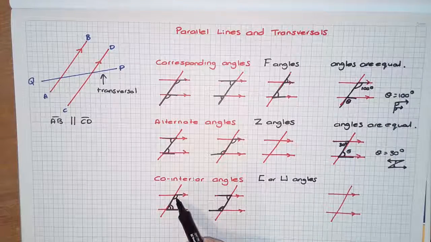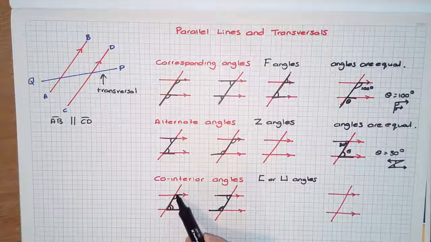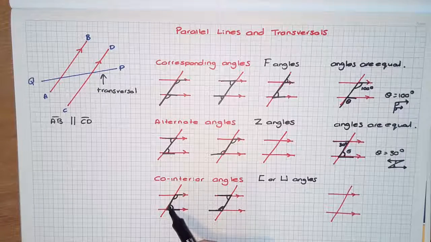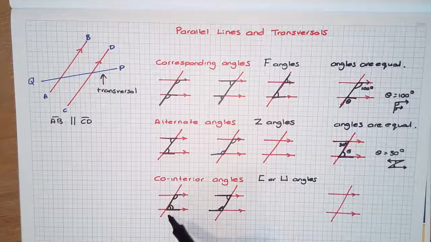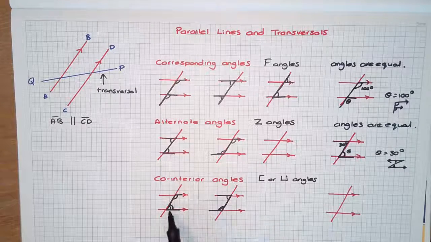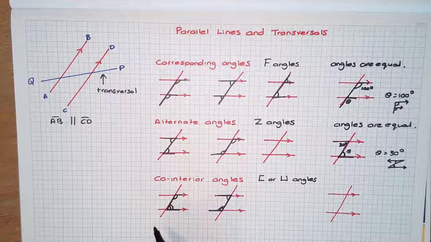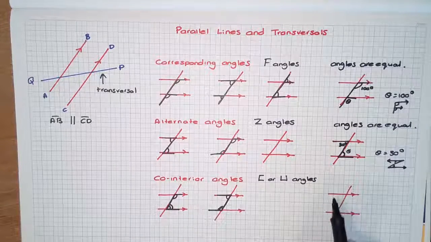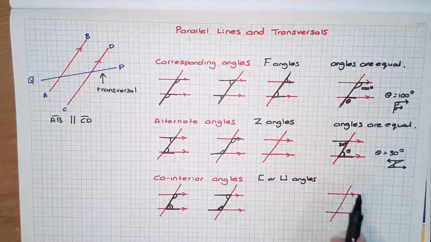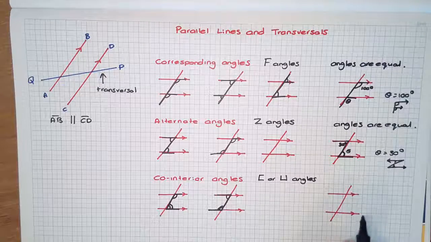Now you might notice that I've indicated one angle using one line and the other using two lines. That's because co-interior angles aren't equal. You can clearly see that one would be an acute angle and the other an obtuse angle. If the two lines are parallel, then the co-interior angles are supplementary.